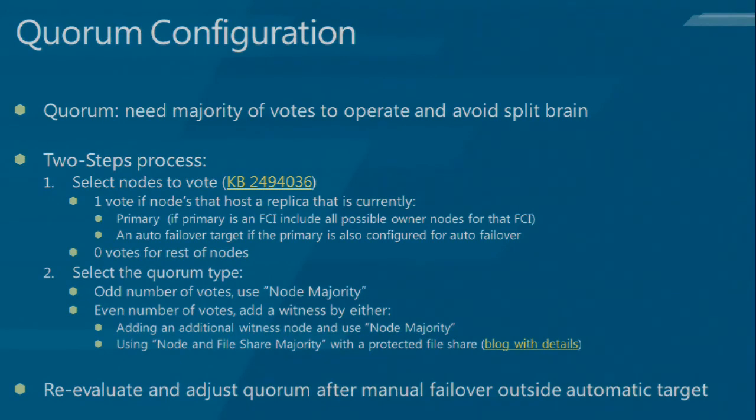If you have an even number of votes, then add a witness to this and use node majority, or use node and file share majority. In my particular case, because I have a primary and an automatic failover pair, I have 2 votes, and hence I want to use the second option. I'm going to do a demo right now for using node and file share majority.